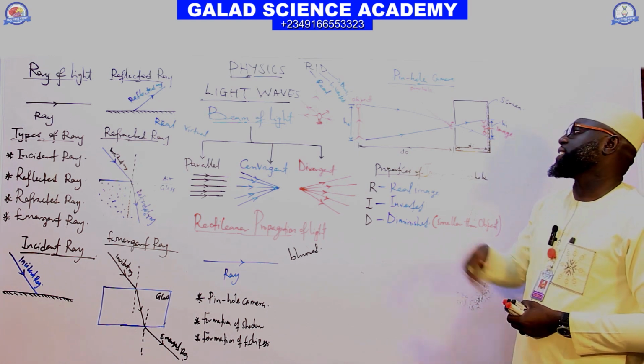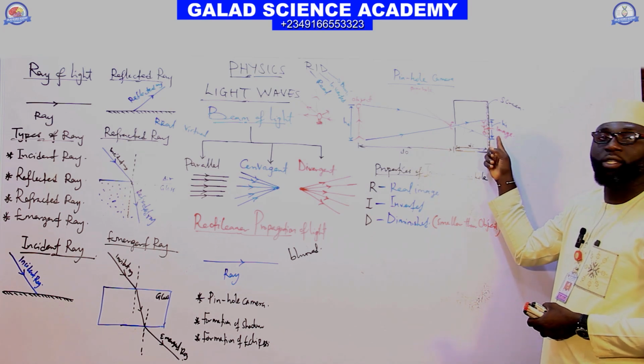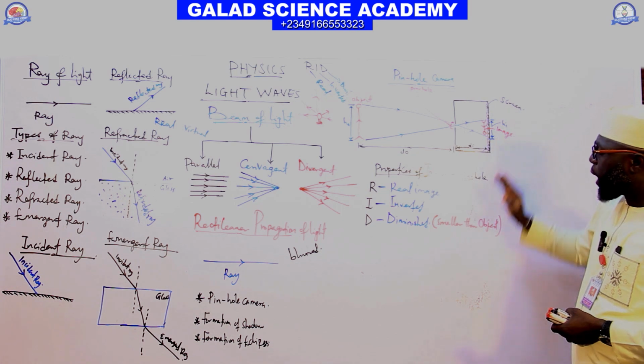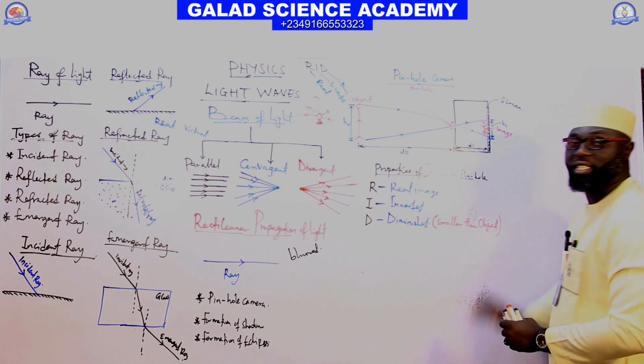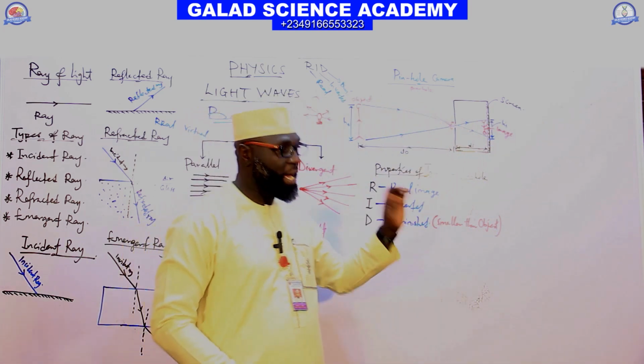Look at the object height compared to the image height. The image size here is reduced. So I'll call it diminished. These are the three properties or natures of the image formed in the pinhole camera.